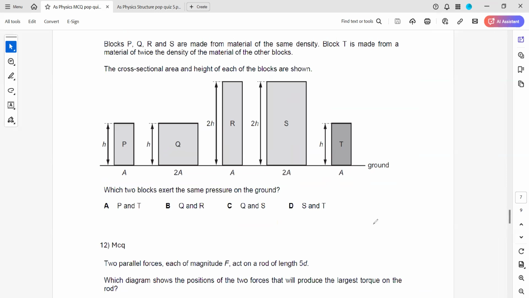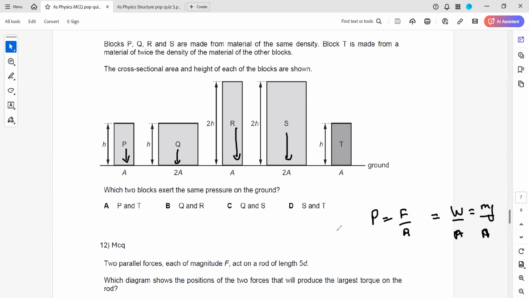If you want to calculate the pressure, pressure is force acting on unit area. For the blocks, the force which they apply on the ground is equal to their weight. So it will be weight divided by area. But weight, W equals mg, so we can write mass times gravity divided by area.